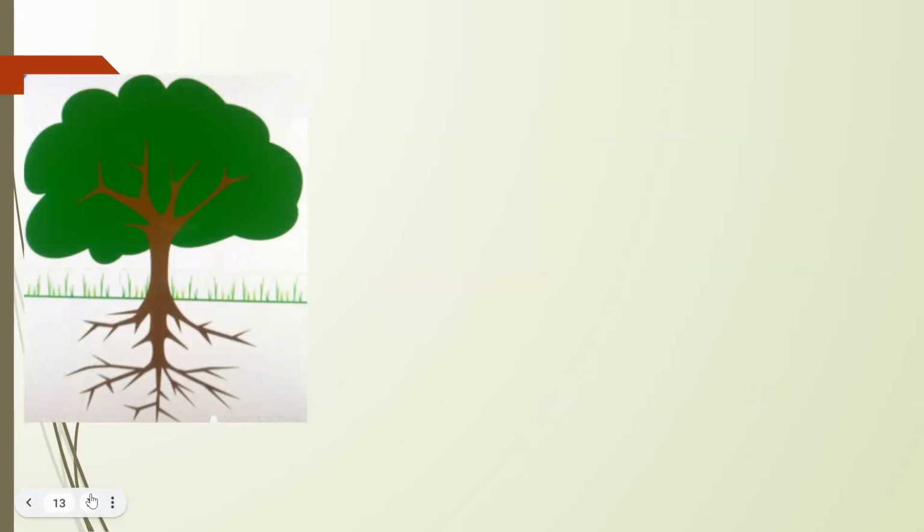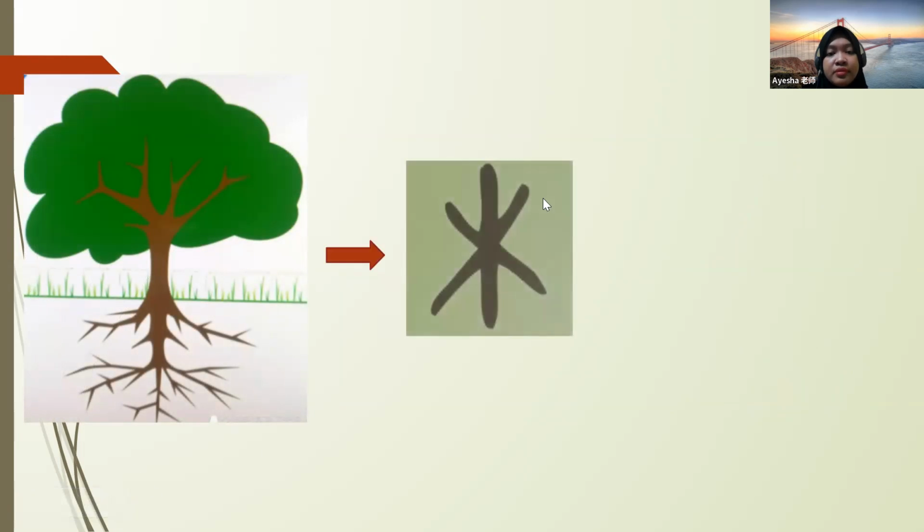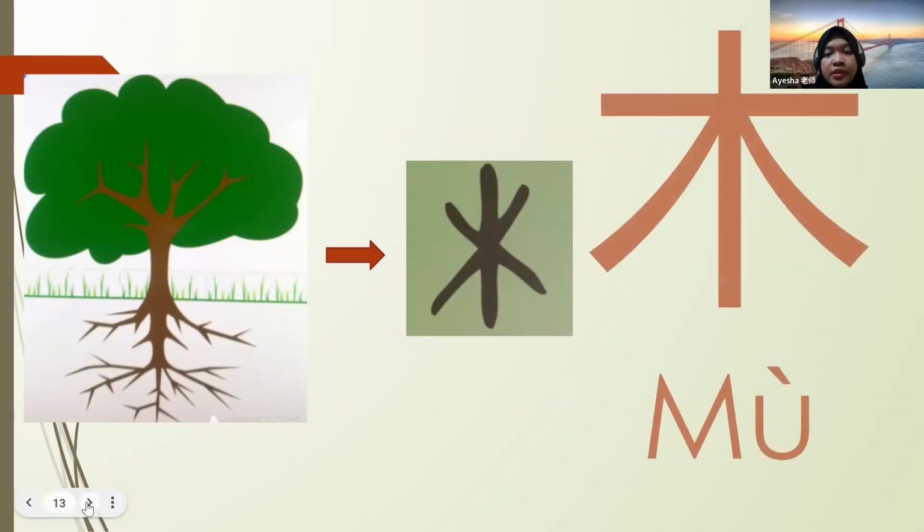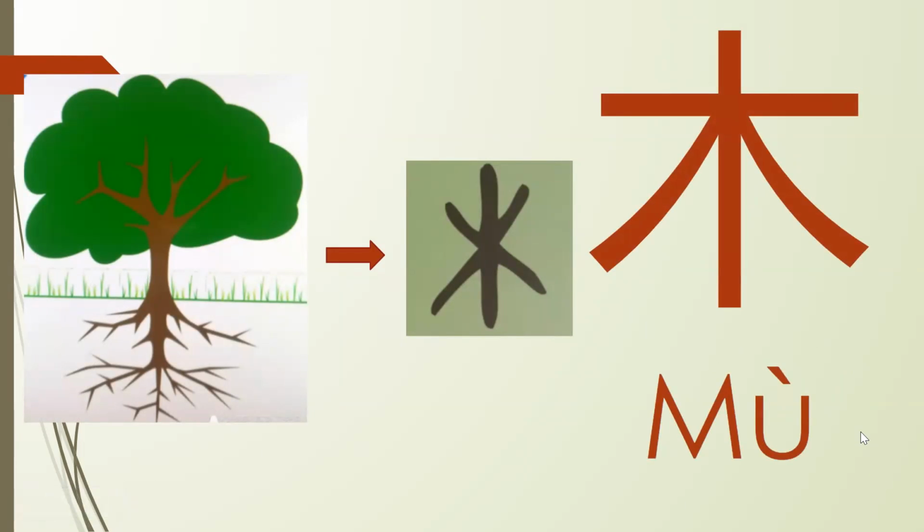Tree. Tree, very good. So they use this to depict a tree, like a star, like an asterisk, except that it's missing a horizontal line. And today, it has evolved to become this word, mu. But the special thing about this word mu is that it actually refers to wood instead of tree.